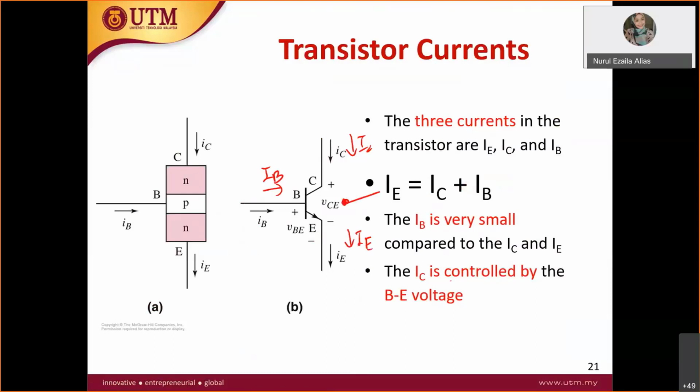If you apply KCL, total current in is equal to total current out. Current out from this node is IE, and current into this node is IB plus IC. So you will be using this equivalent current.